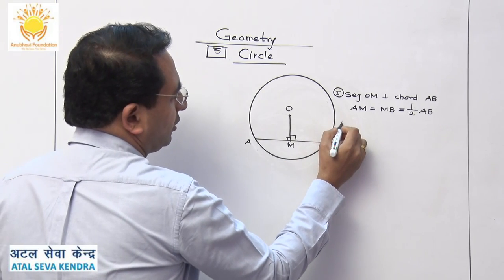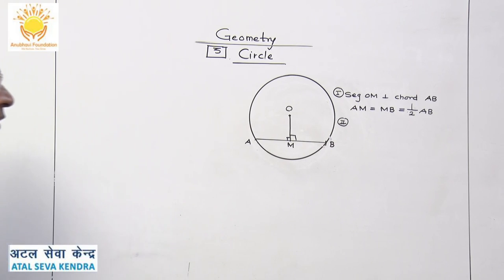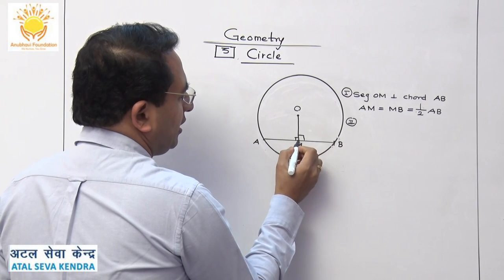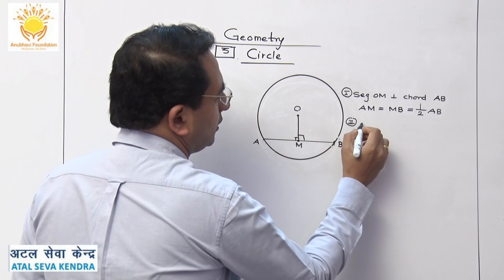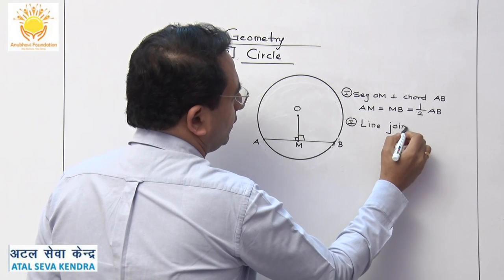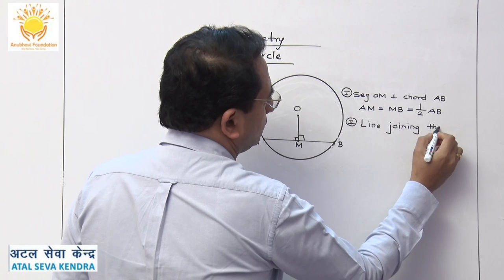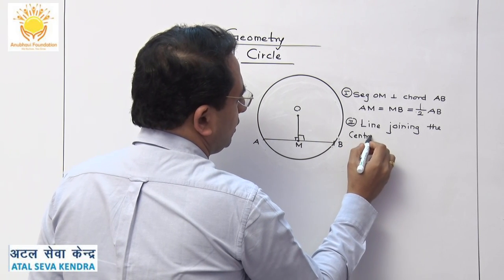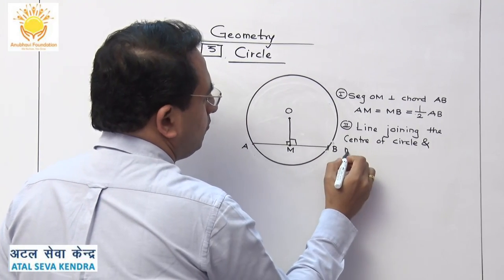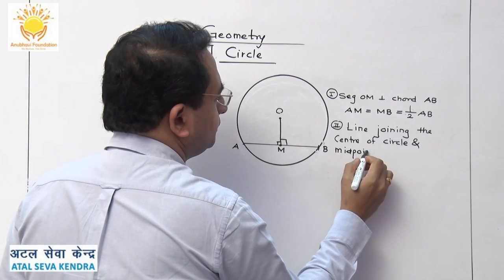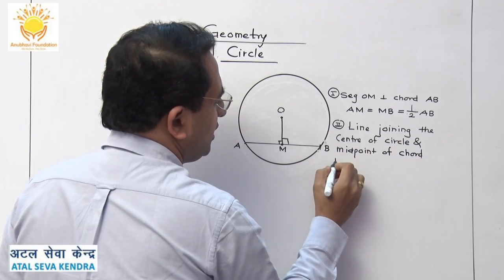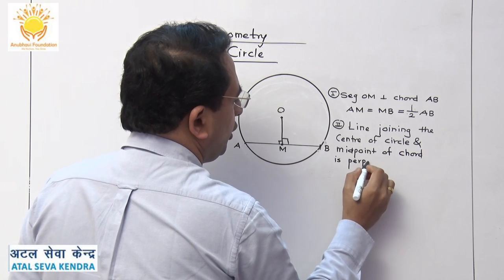Now there is one more property, the converse of that. Now what I will do, if I join this particular part, if I consider that M is a midpoint, so I write this property: line joining the center of the circle and midpoint of the chord is perpendicular to the chord.